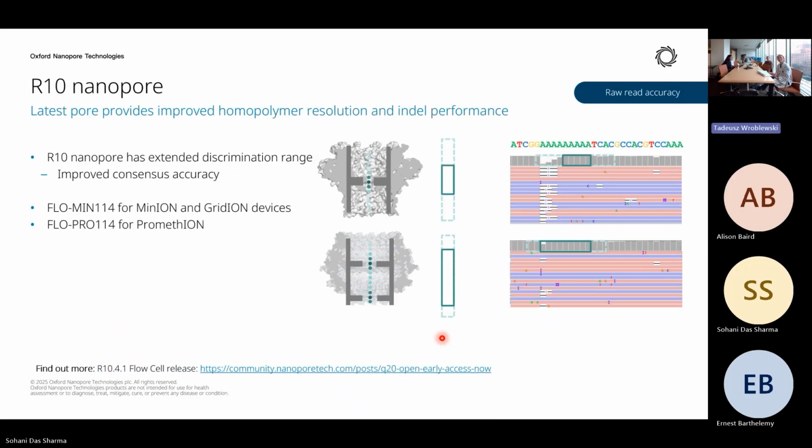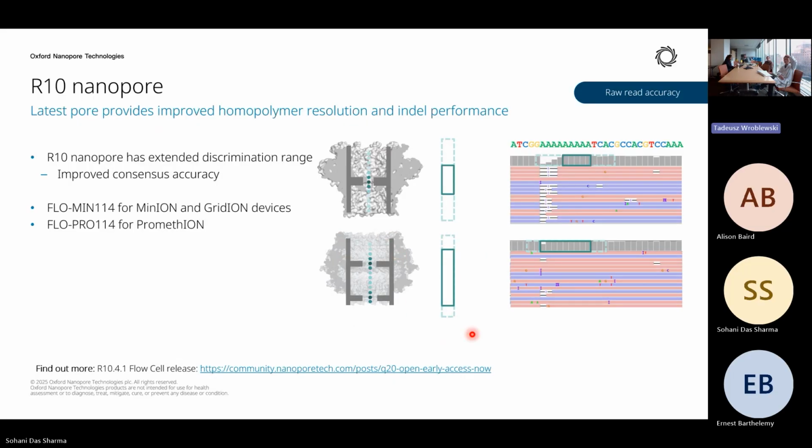So presently the Nanopore we have is called R10 chemistry. It used to be R9, and there have been improvements, because now the length of this protein nanopore has changed. It is now increased.